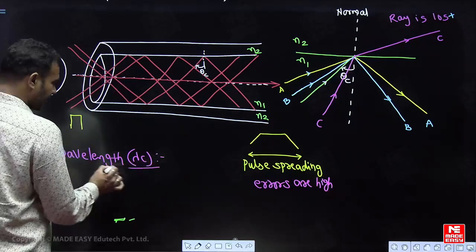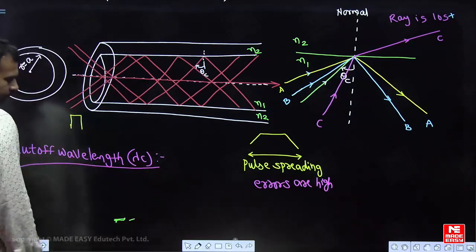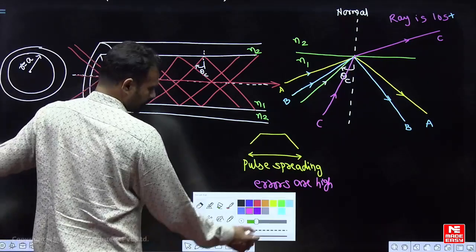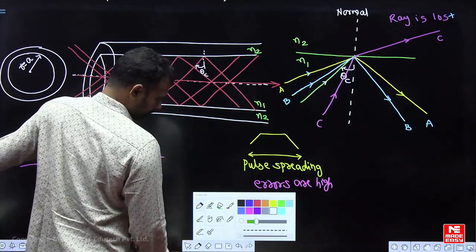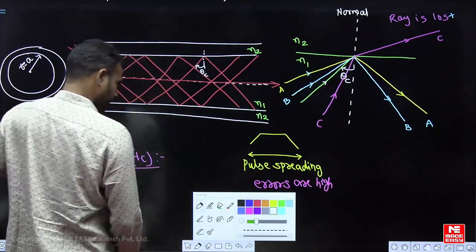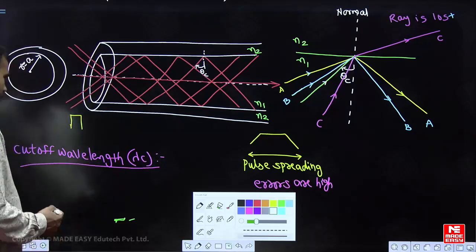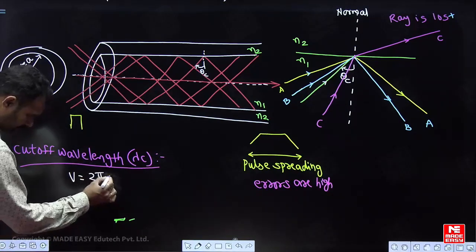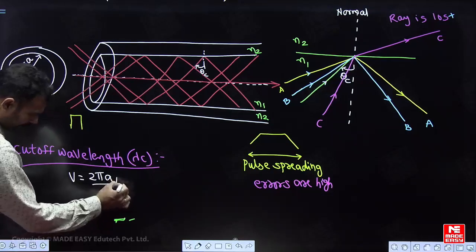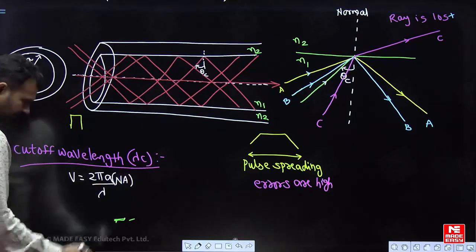We studied in the classroom that V is equal to 2 pi a by lambda into numerical aperture.